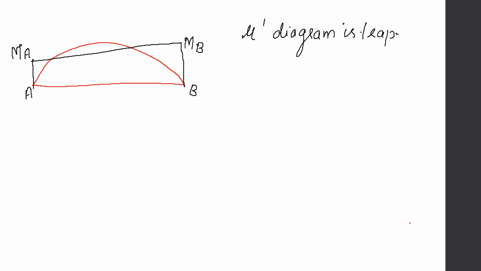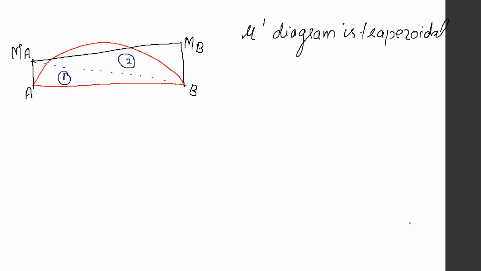If it is trapezoidal, we can divide this into two triangles. We will divide our triangle like this. This part we will take as the first triangle and this part we will take as the second triangle.